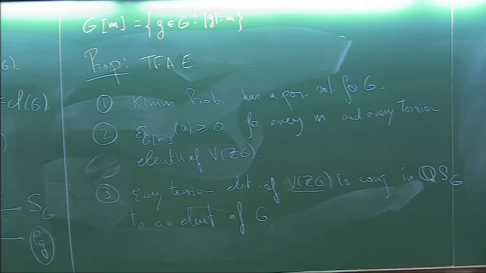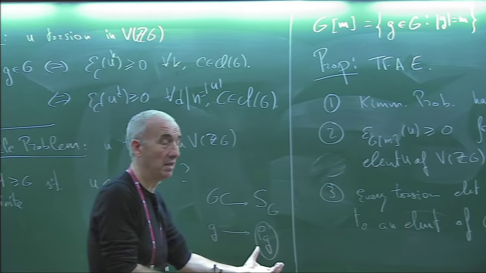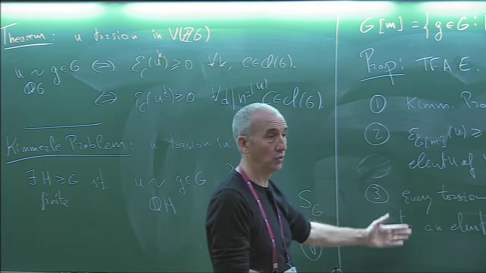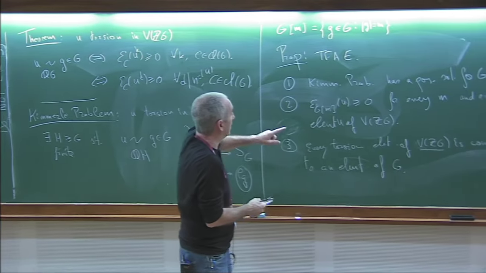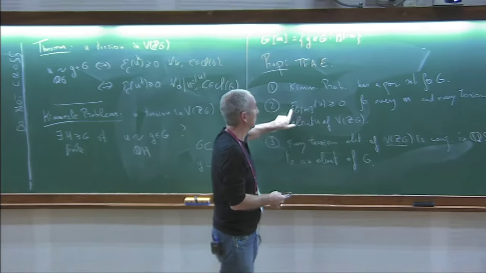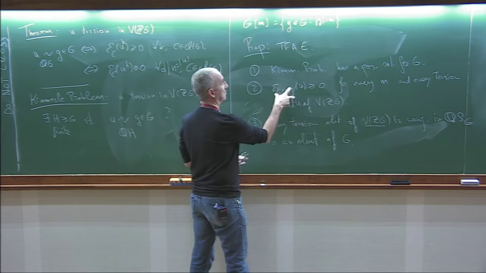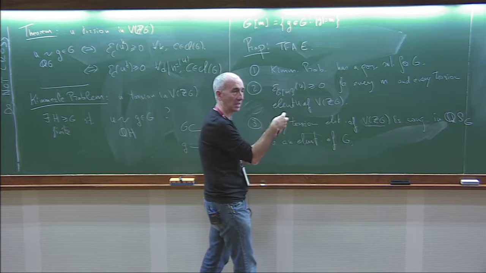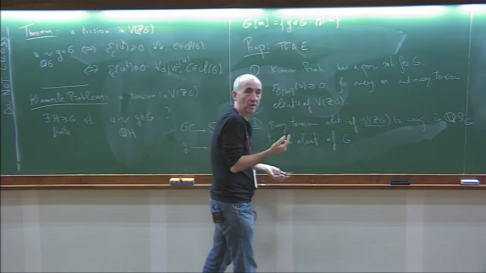But remember, all the ones with the same order are in the same place. And this is the way to check that this condition is satisfied, because all the elements with the same order are in the same conjugacy class. So you are only summing elements in one class.